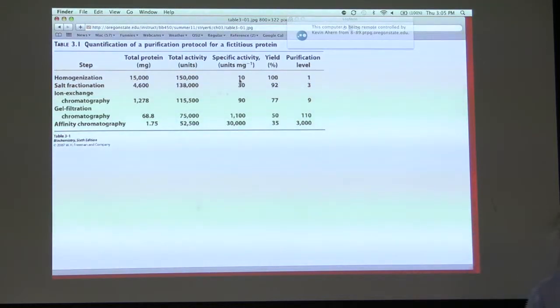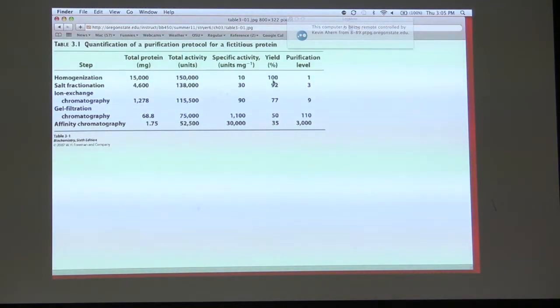By the way, specific activity refers to units per milligram of protein. They have 10 units per milligram of protein because they had 150,000 units and 15,000 milligrams of protein. The yield they had was 100%. Well, of course, it's 100% because they haven't done anything yet. They haven't thrown anything away.